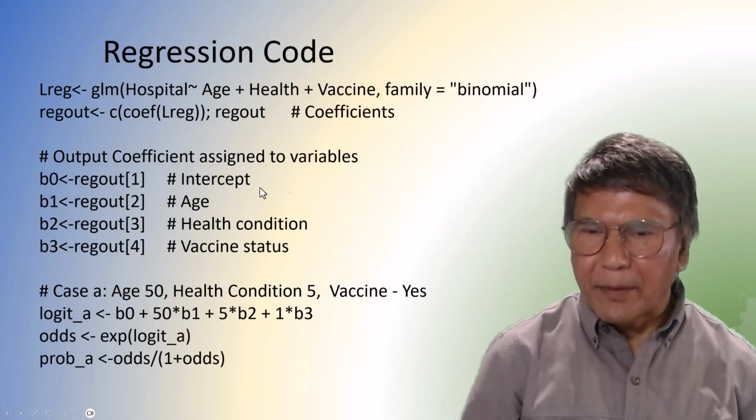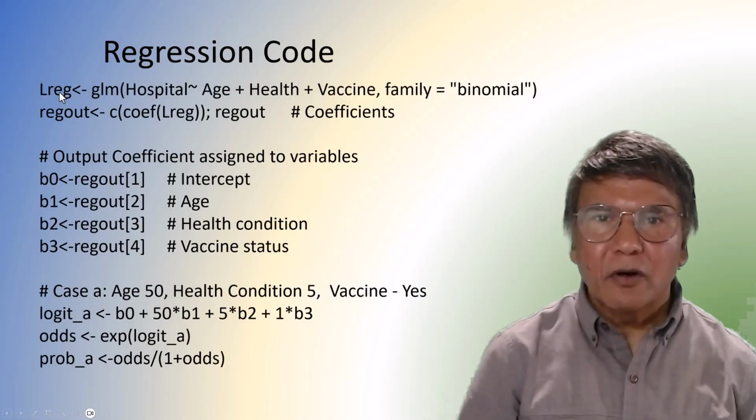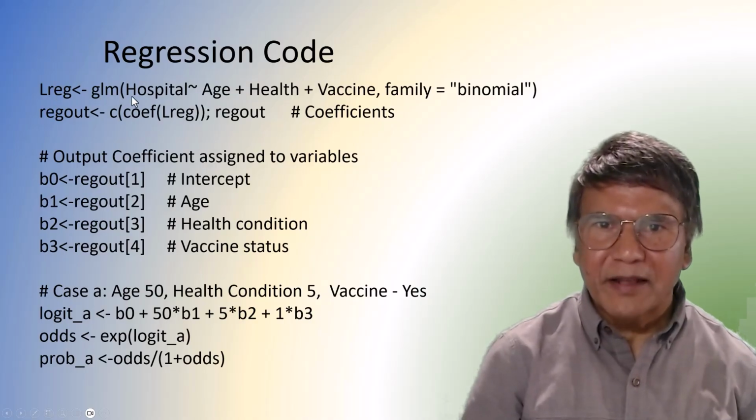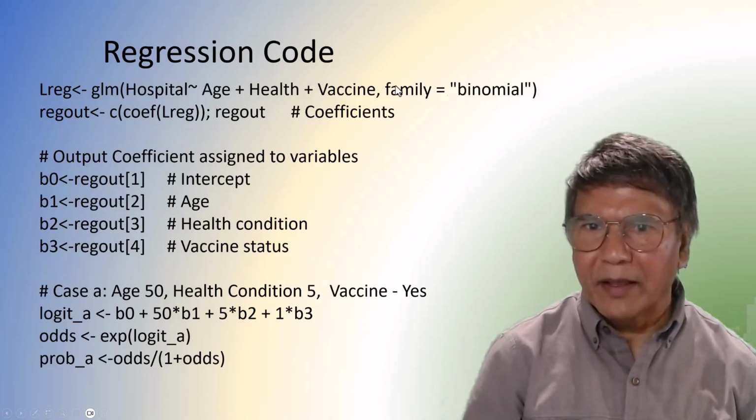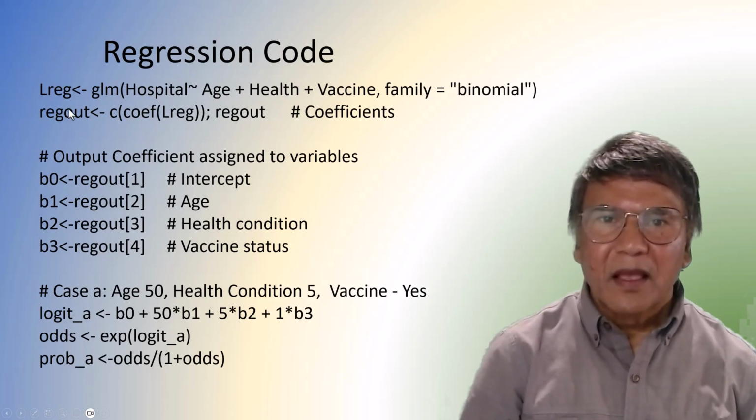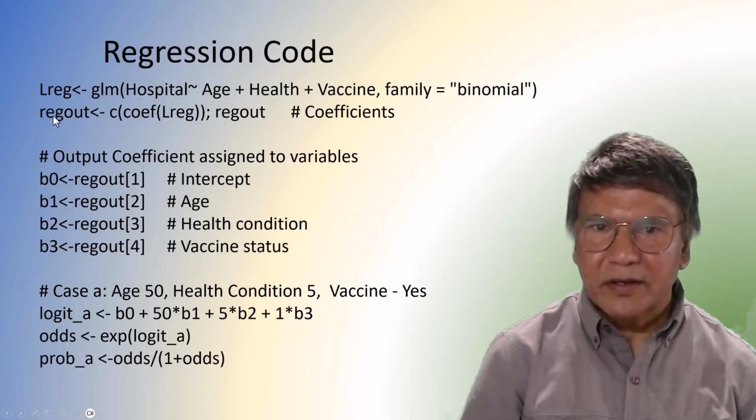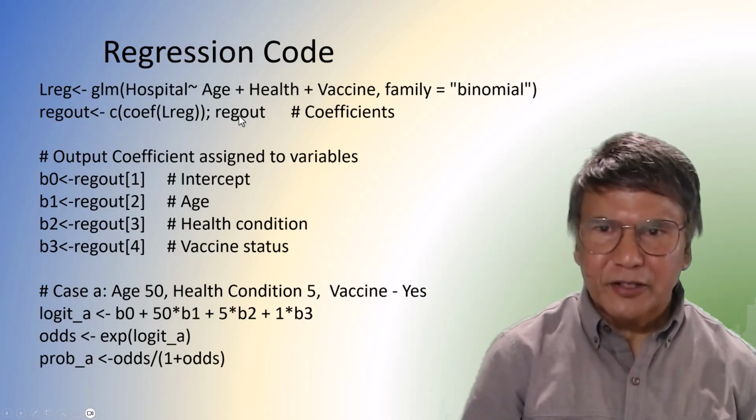Here's the R program, the basic code. We basically run the regression model, a generalized linear model, family binomial, hospital is our output, and age, health, and vaccine are our independent variables. This gives you the regression output.